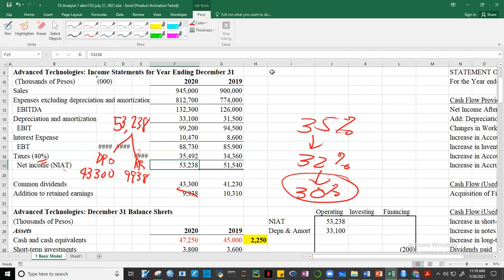Pero di ba part of net income after tax yan? Elijah? Yes po. So, na-consider na siya kasi andito na siya eh. Okay po. Okay. But thank you for the answer, Elijah. Thank you so much. Guys, I really appreciate, Elijah, I appreciate you sharing your answer.